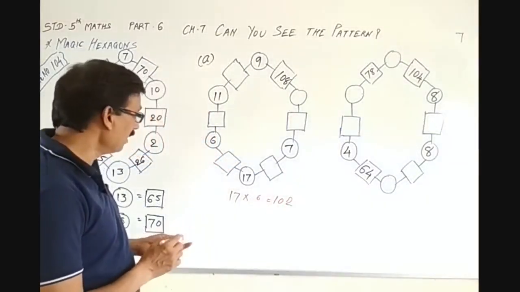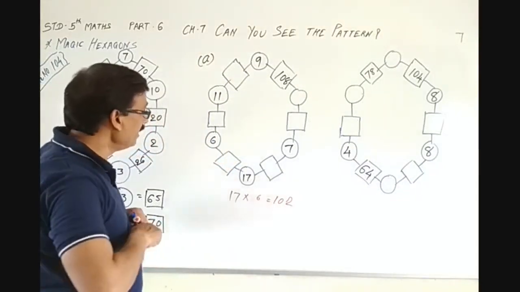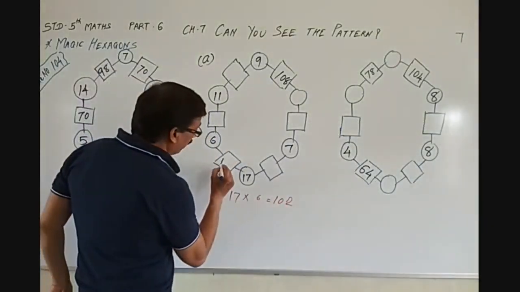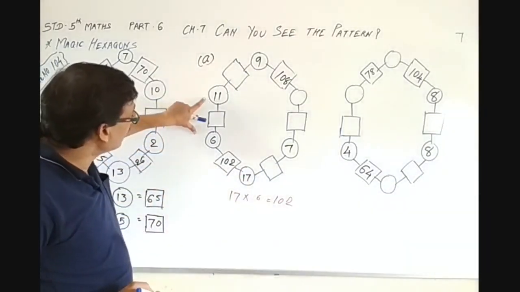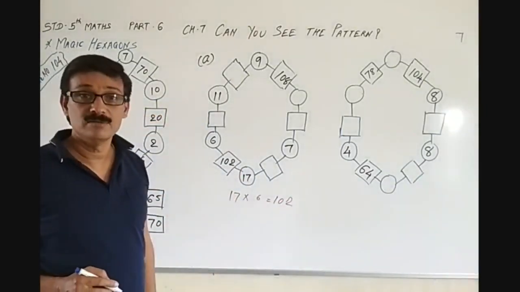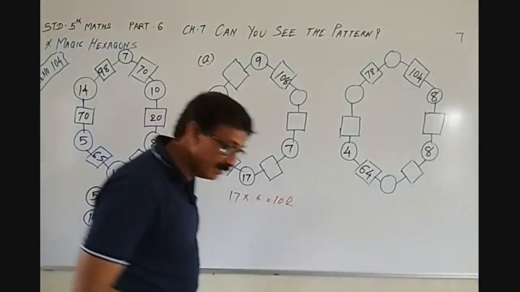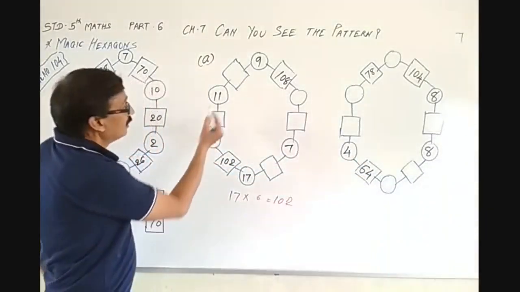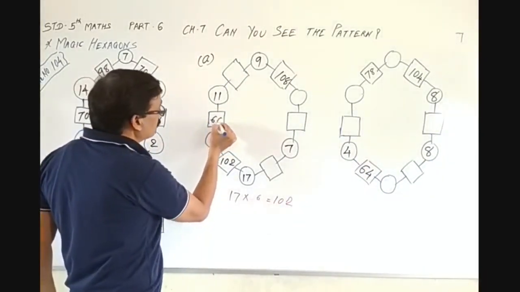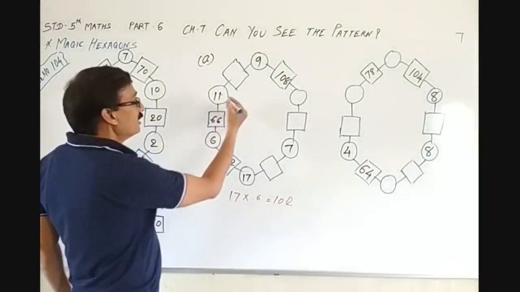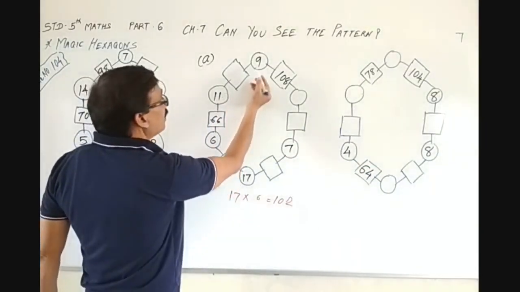So the number in this will be 102, isn't it? Now here you can see 11 and 6 are there. So 11 sixes are 66. Now here you can see 11 and 9.